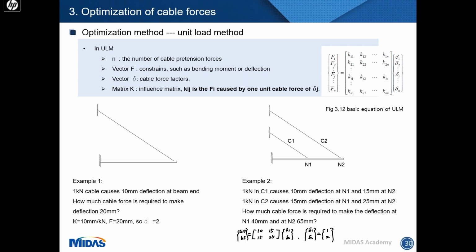From these 2 sentences, we can work out the influence matrix. Then we ask how much cable force is required to make the deflection at N1 40 mm and at N2 65 mm. From this sentence, we know the constraint vector F. Then we work out the equation, and we can get the delta vector.